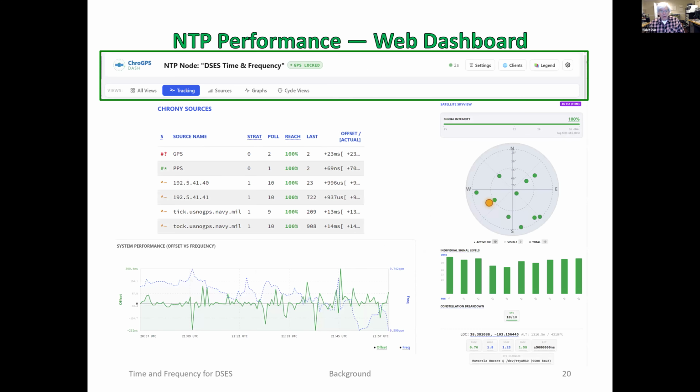We can log in to the precision time system with a web browser. This is a web interface, just simply by knowing the IP address. It's protected. It's not a public IP address, but there's two members right now who have access to this data.